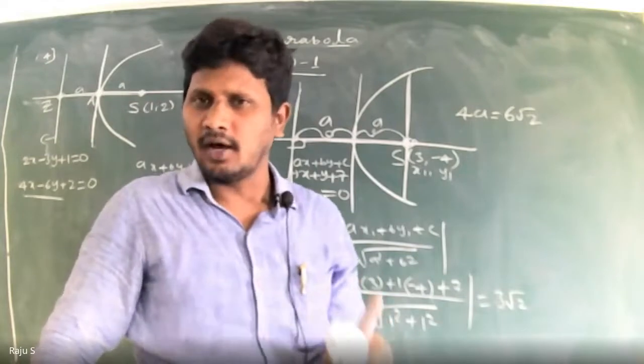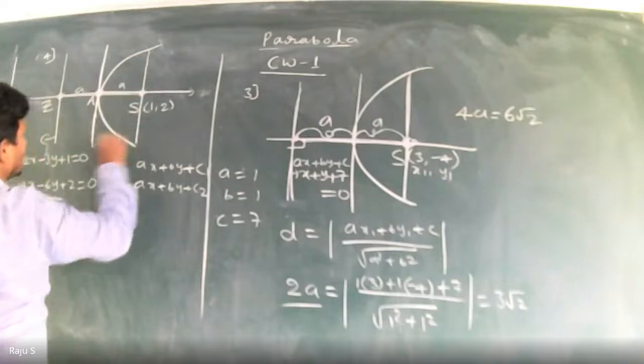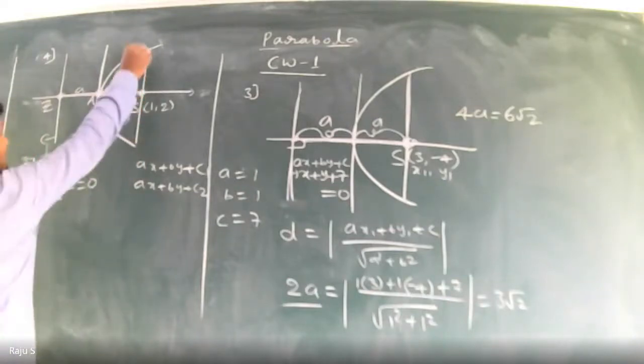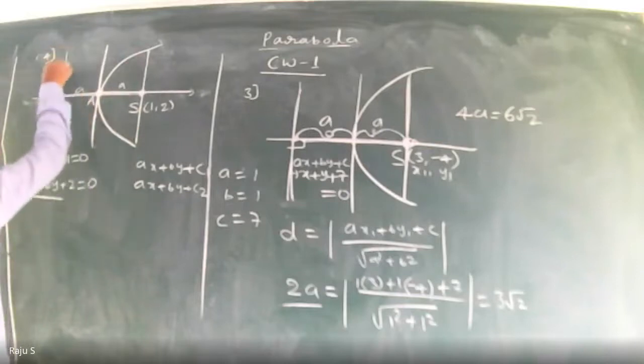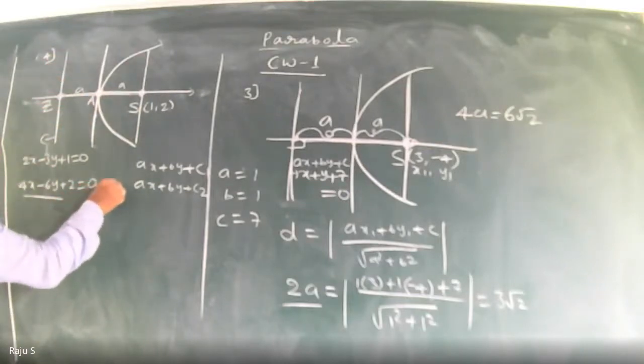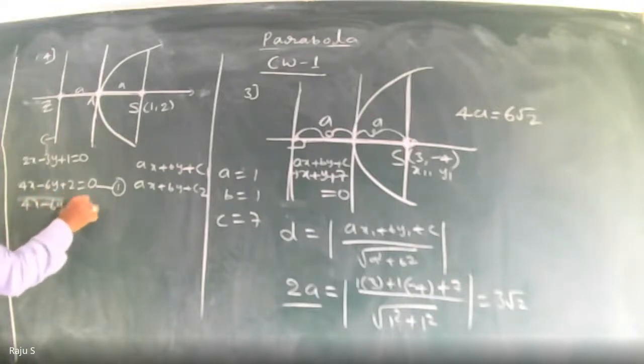First, we have to find the latus rectum equation. The latus rectum is parallel to the directrix. Taking the directrix as equation 1, the latus rectum equation is 4x minus 6y plus k is equal to 0.